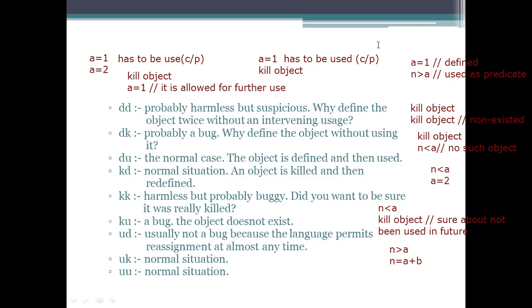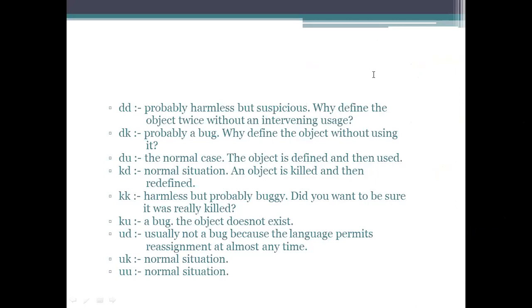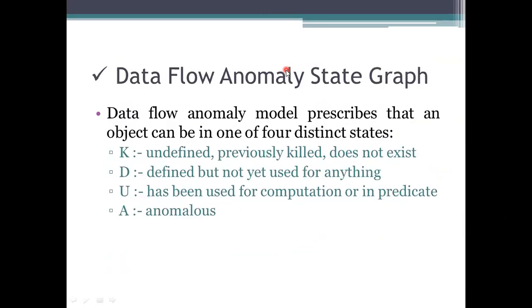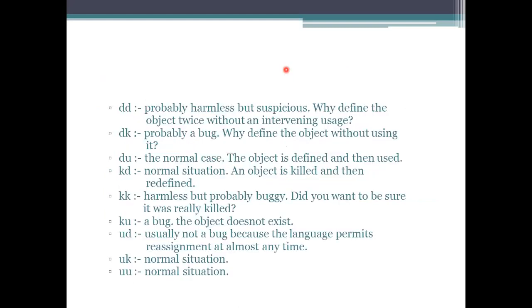So based on these anomalies, we have the flow graph representation. How we get the flow graph representation is by processing based on state graphs. If you see here, these normal situations will not have any problem.